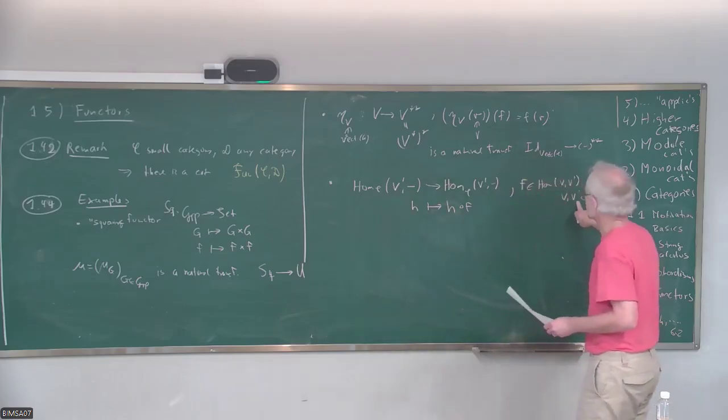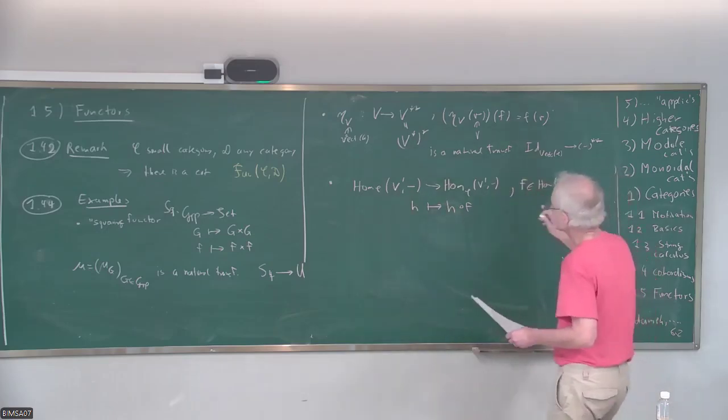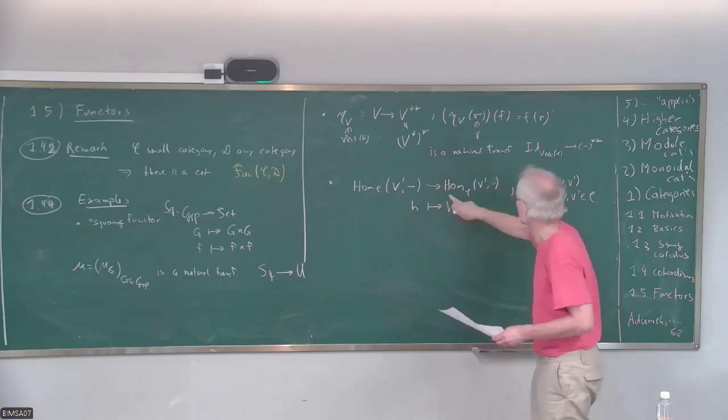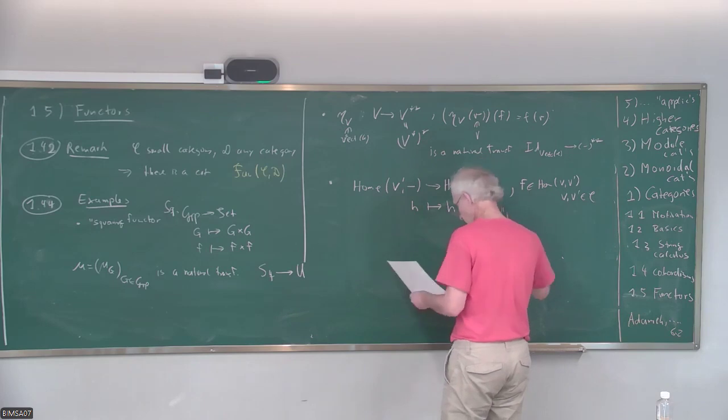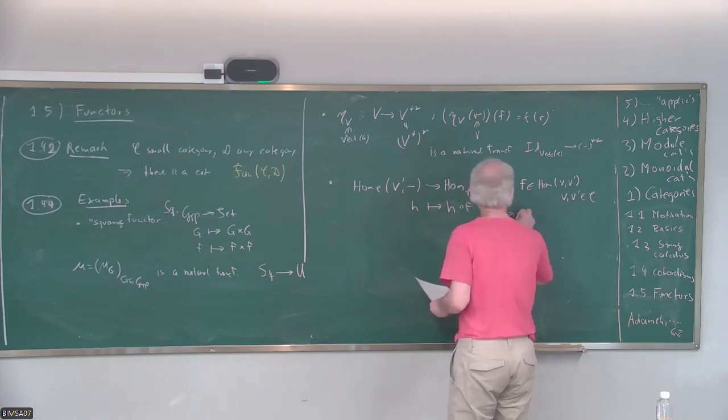So you first go from V to V prime, and then from V prime by h to something. This is a precomposition.